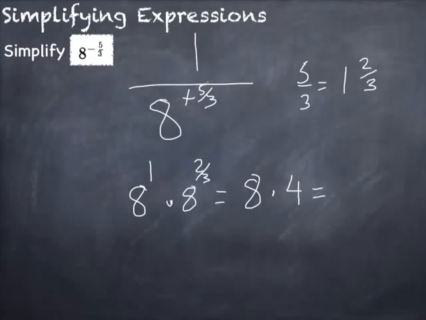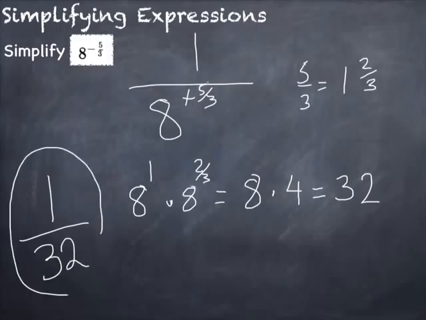So really, this is just 8 times 4, which is 32. So my denominator is 32, so my final answer is 1 over 32. You can take it in parts and break up the exponent, or you can, as in the previous slide, turn it into a radical and work from there, which is probably easier when you have a calculator. This is the easier way to do it without a calculator.